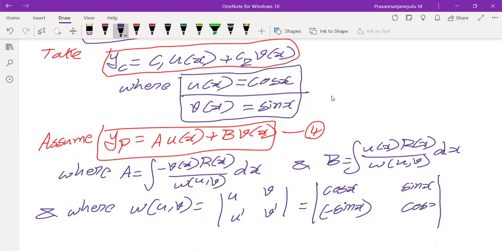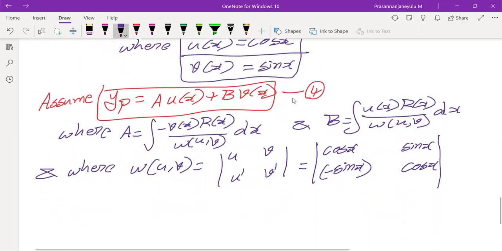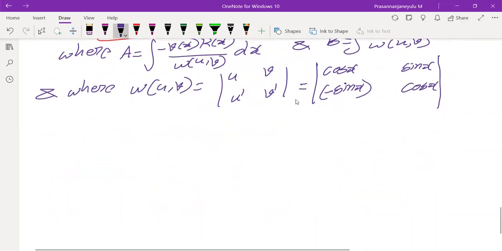Now we need to find the determinant of this 2 by 2 matrix. Determinant is AD minus BC. So cos x into cos x is cos square x, minus BC. Here B is sin x and C is minus sin x, so the product of these two is minus sin square x.